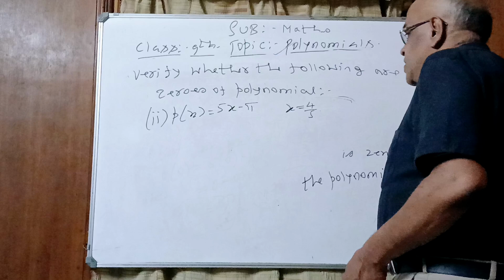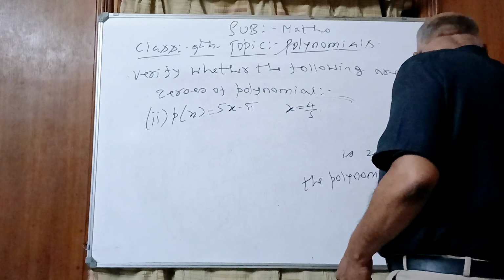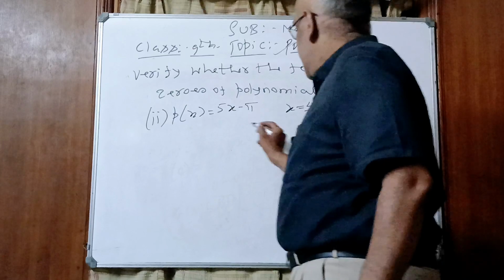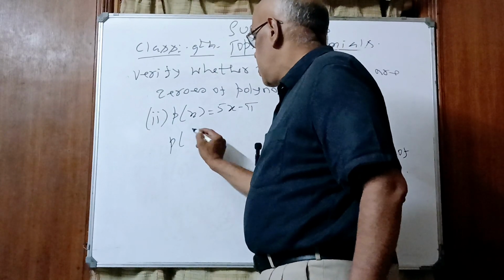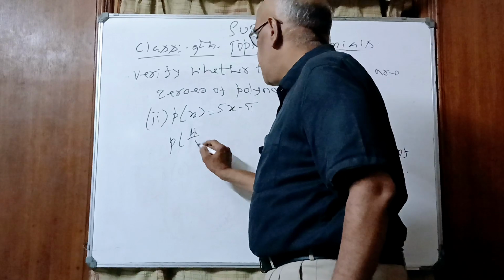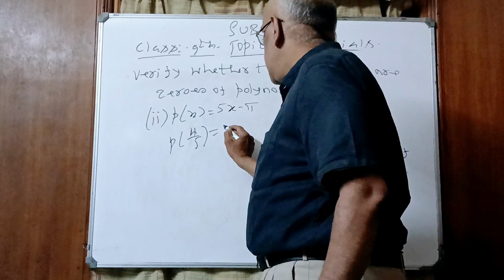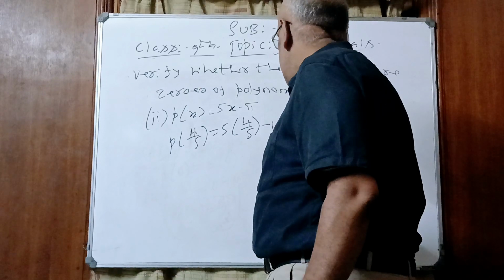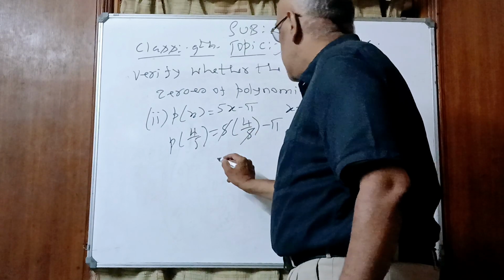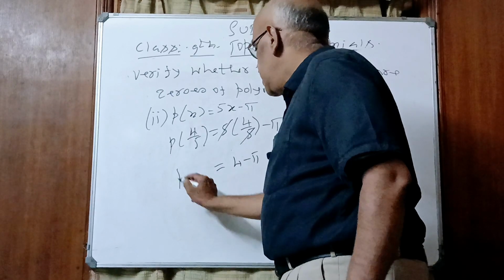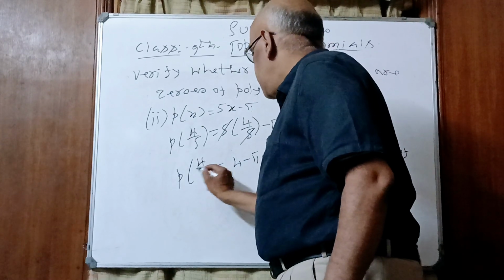Put 4 by 5, children, here. Wherever x is there, put 4 by 5. What do we get? 5 into 4 by 5 minus 5. 5, 5, 1. What are we left with? 4 minus 5. What is that?